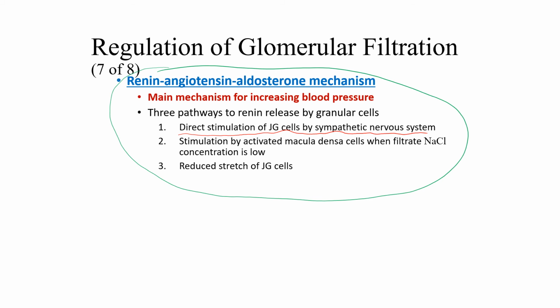We're going to have stimulation by the activated macula densa cells when the sodium chloride filtrate concentration is way too low. And then stretching of the JG cells is what keeps everything flowing in the right direction. But if the JG cells aren't stretched enough, you have reduced stretch, then the renin-angiotensin aldosterone mechanism is going to click in.